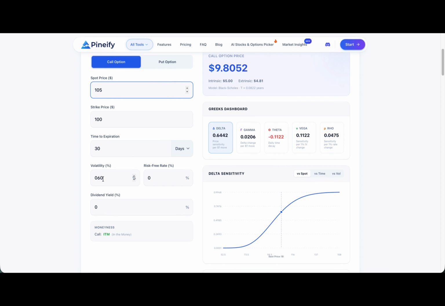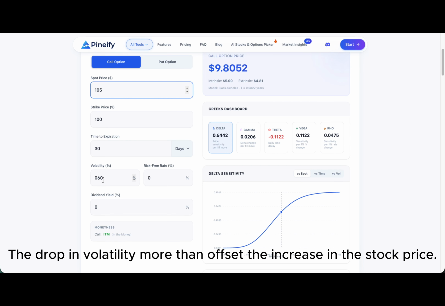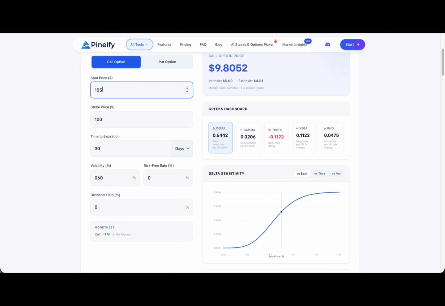It's a phenomenon usually called a volatility crush. Because the volatility tanked, the option lost value, as expected, but the gain we had was not enough to counteract the loss in volatility.